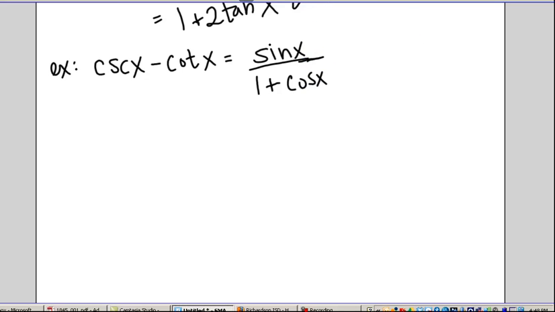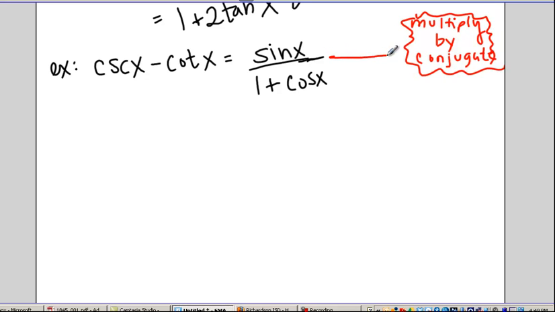Okay? So, again, our more complicated side is the fraction. And I know you guys probably want to stay clear of the fraction, but guess what? It's harder, it's more complicated, so it's going to make it so much easier. So, I want you to put a little side note, so when I tell you to multiply by the conjugate, you can look back and see what we did here, okay? Because this is what we're going to do.